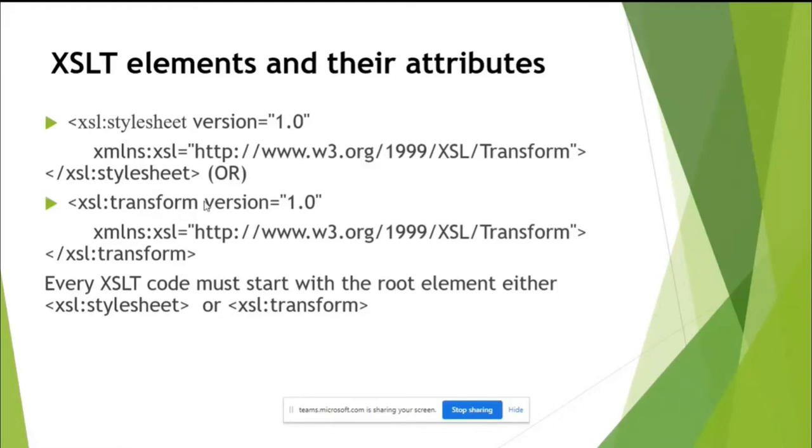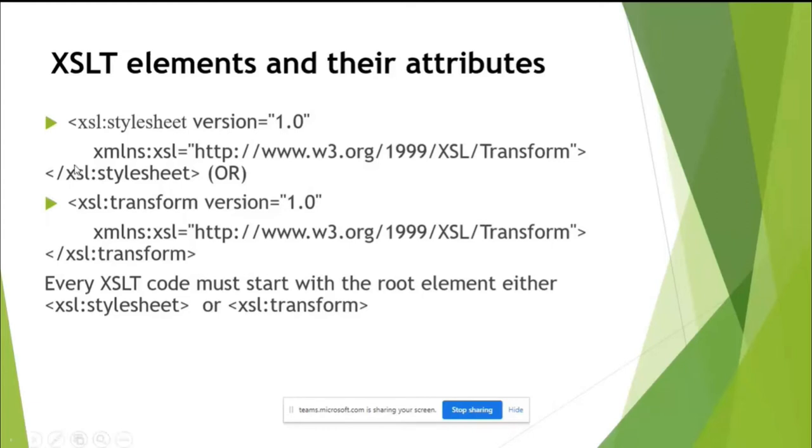Namespace is used to prevent naming conflicts. For example, if in a classroom two people have the same name, we will identify them by their initials. In the same way, yesterday we saw two example tables. One is the HTML table, the other is the furniture table. For the furniture table, they used the prefix F. For the HTML table, they used the H prefix.